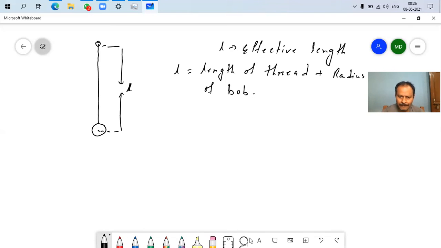My handwriting is not good. Let me check if I can see it.